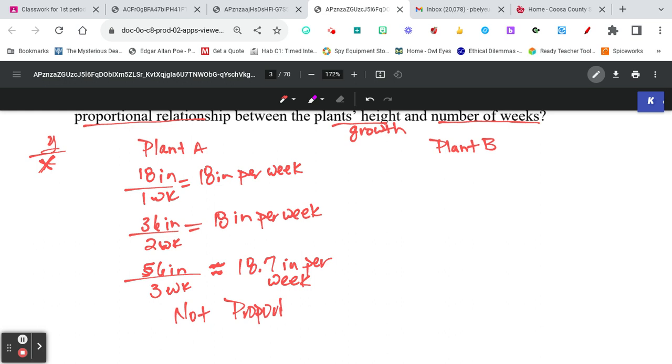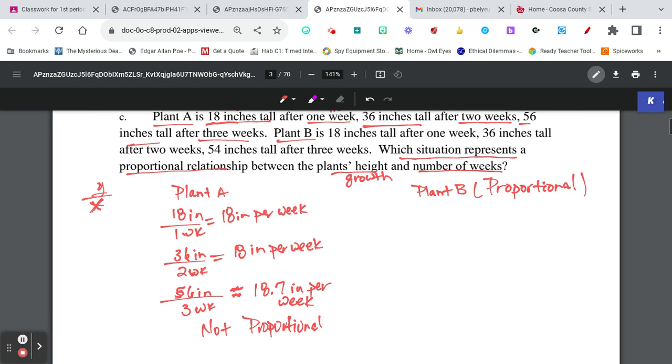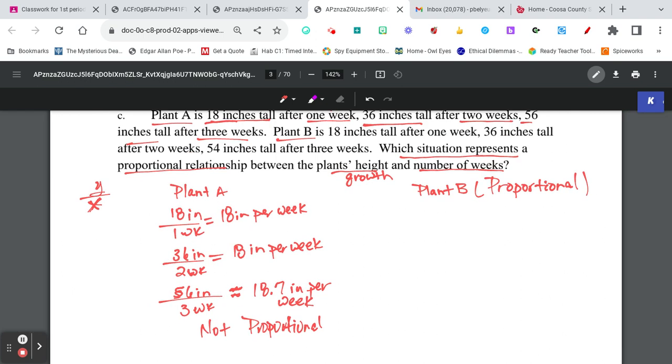Okay, so I know you all know that plant B is. I'm going to go ahead and list that it is. But I'm also going to verify by doing the what? Doing the work, finding the growth rates per week.